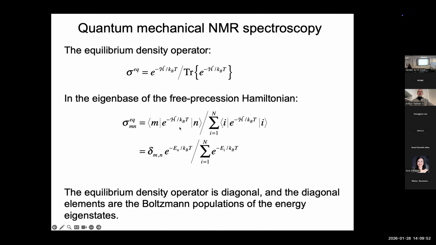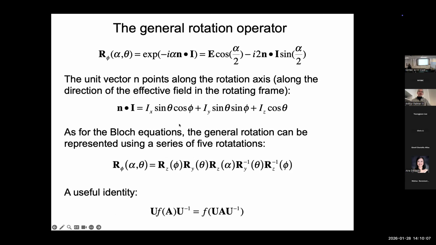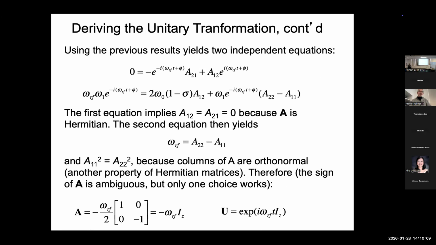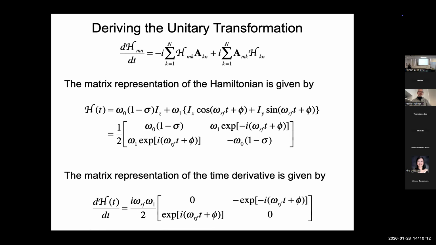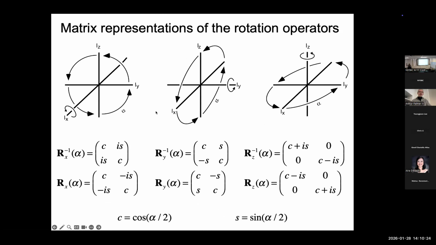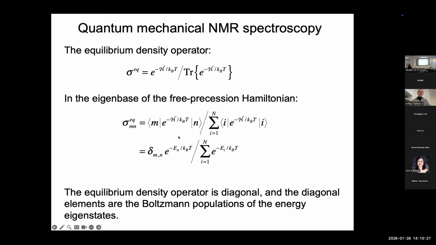And for example, for us with spin 1/2, m and n are either alpha or beta, and H is just going to depend on Iz, right? Because if we look back at the Hamiltonian, if we don't have a B1 field, if we're just waiting for Boltzmann equilibrium, here we just have the Larmor frequency times Iz.